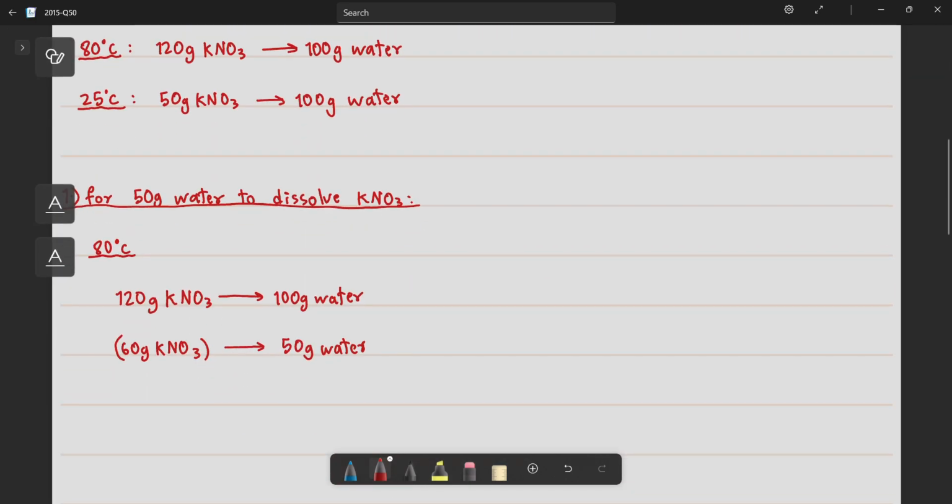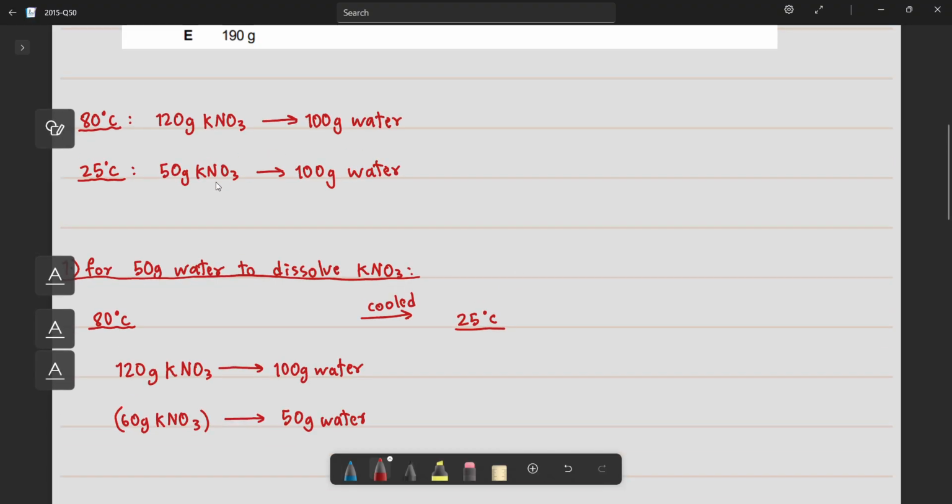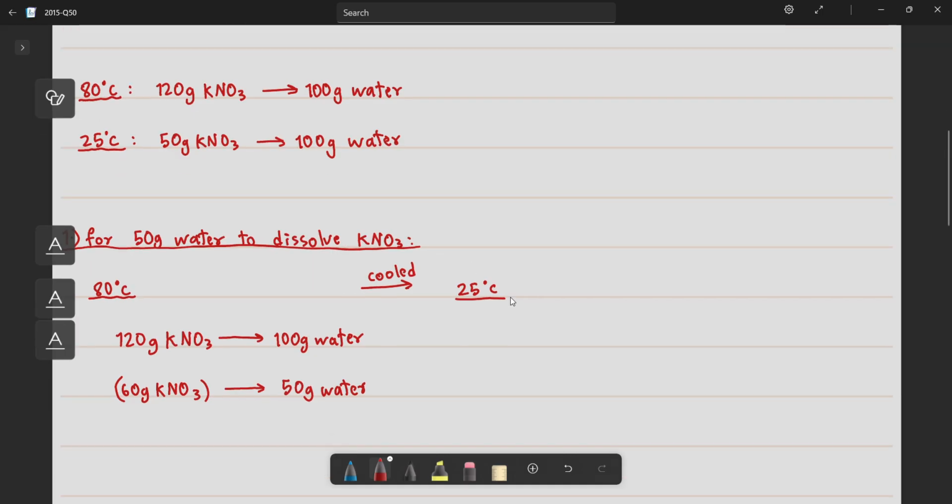Okay, so now the temperature was cooled to 25 degrees Celsius from 80 degrees Celsius. As we constructed the ratio, 50 gram of potassium nitrate is dissolved in 100 gram of water at a given temperature of 25 degrees Celsius.